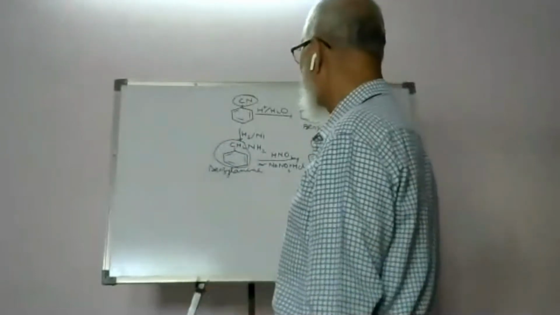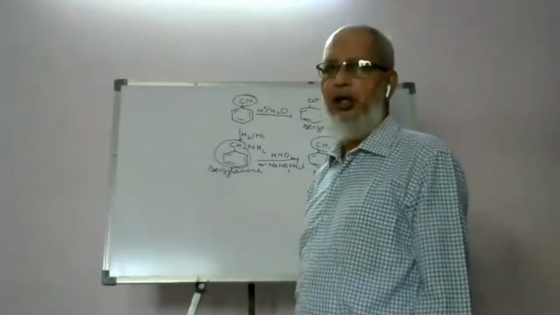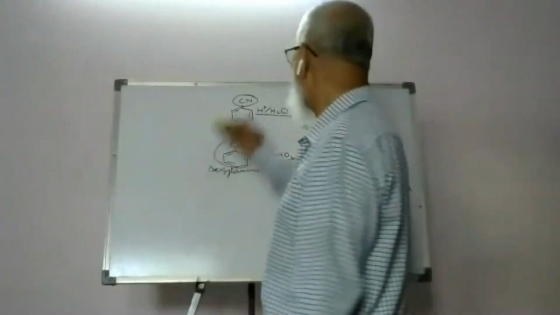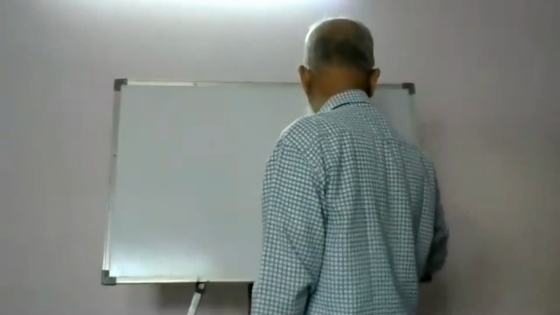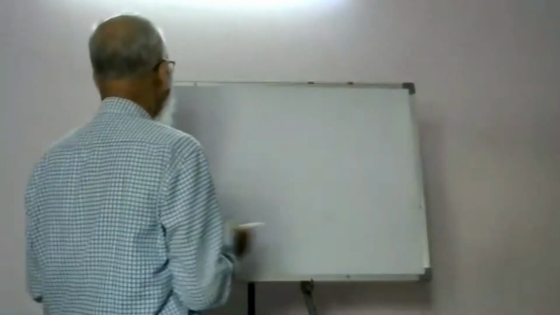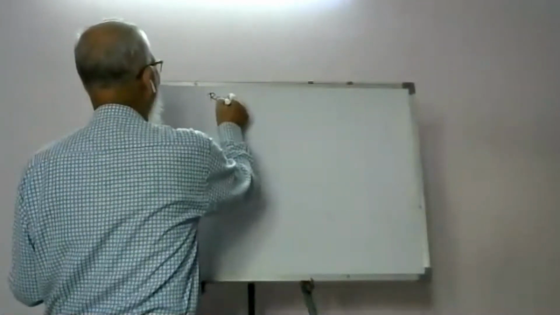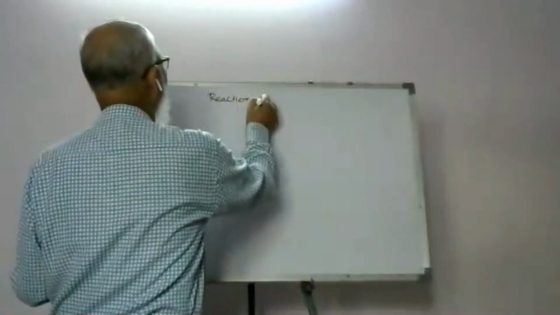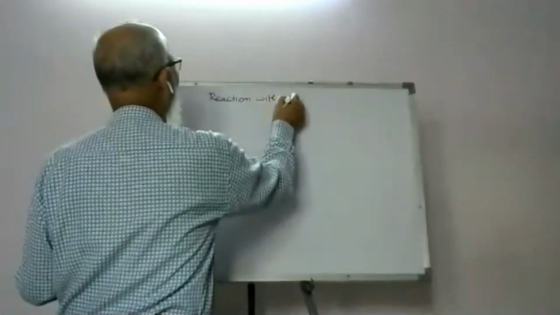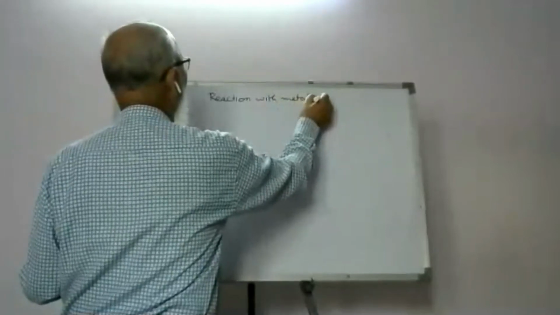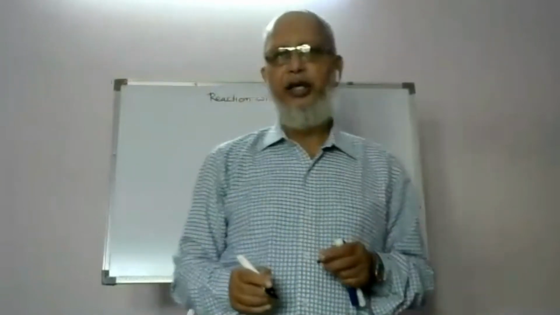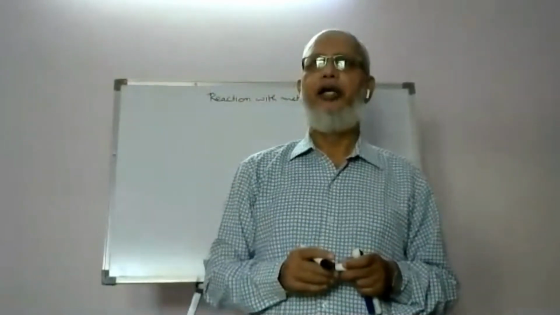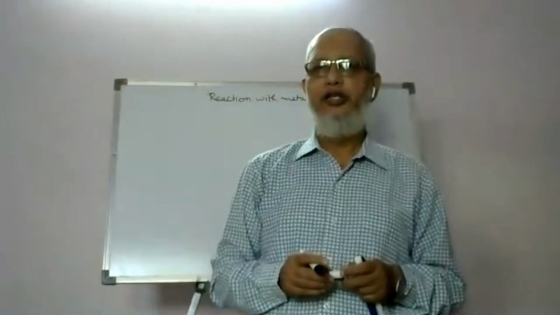Now these were some of the nucleophilic substitution reactions of the aryl halides. Now reaction with metals. Like alkyl halides, these aryl halides also react with magnesium and they form Grignard reagent, that is corresponding aryl magnesium halides.